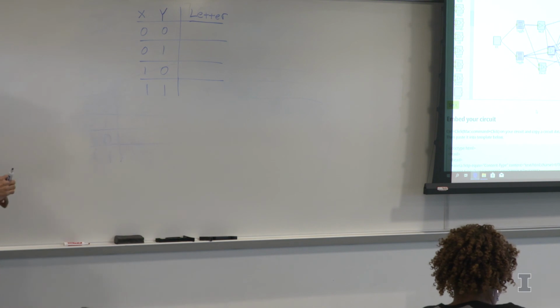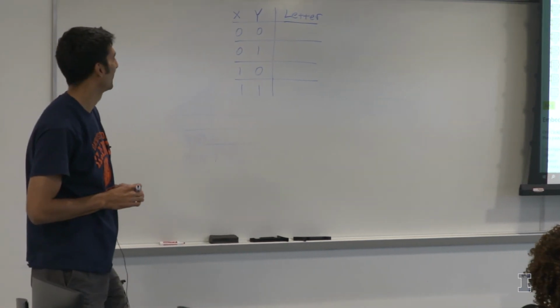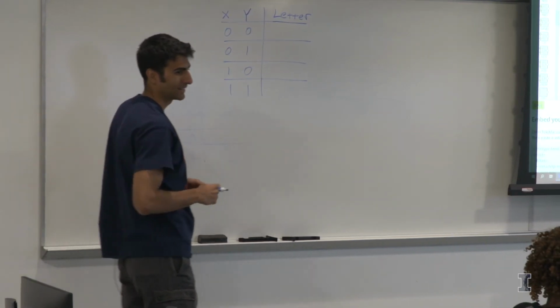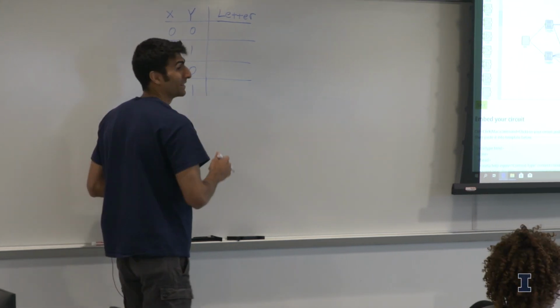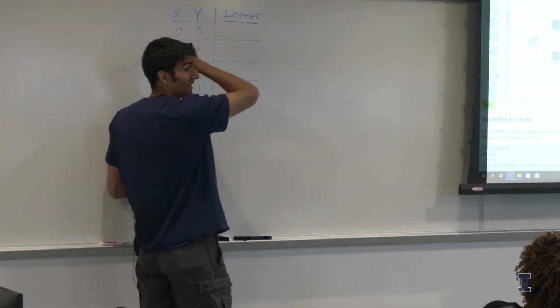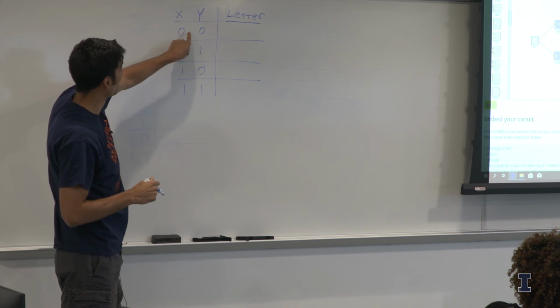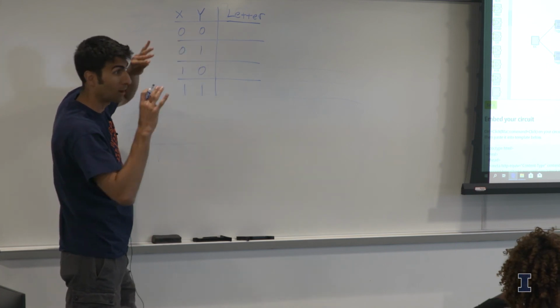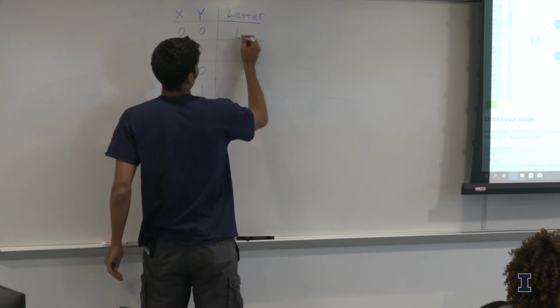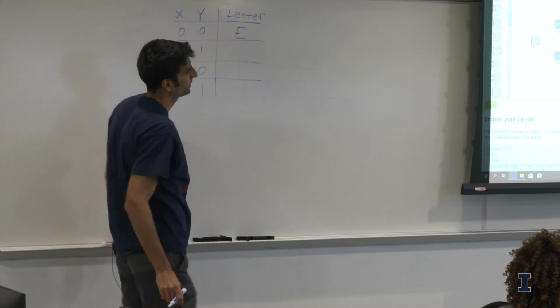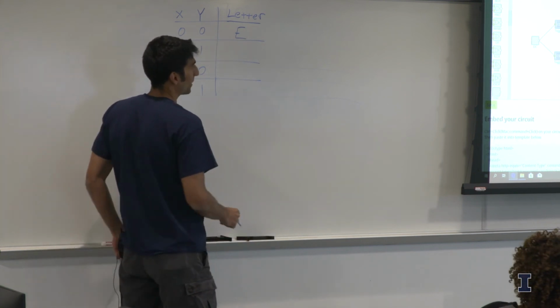Okay, so what do you read? What letters come out? Oh my gosh. Okay, so now let's interpret. So yep, they're both off. What letter do you see? I heard an E. I think that's right. Now 0, 1.